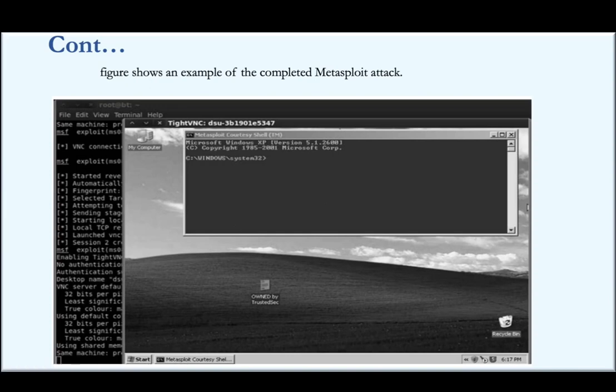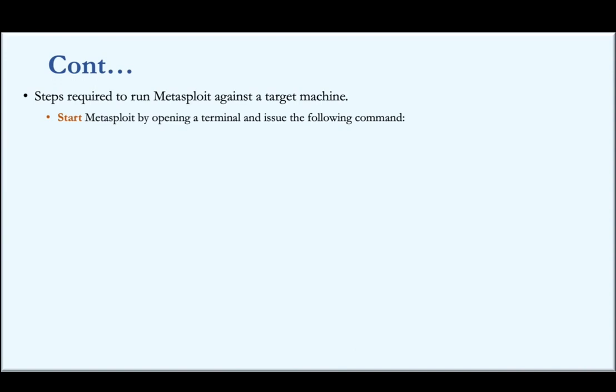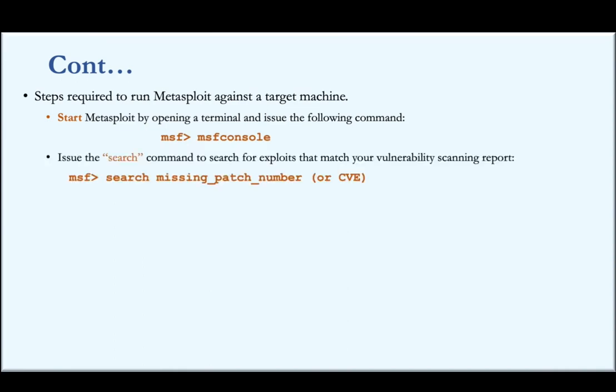Let me summarize the steps required to run Metasploit against a target machine. One, start Metasploit by opening a terminal and issuing the msfconsole command. Then you need to search for the missing patch, which comes from the Common Vulnerabilities and Exposures.